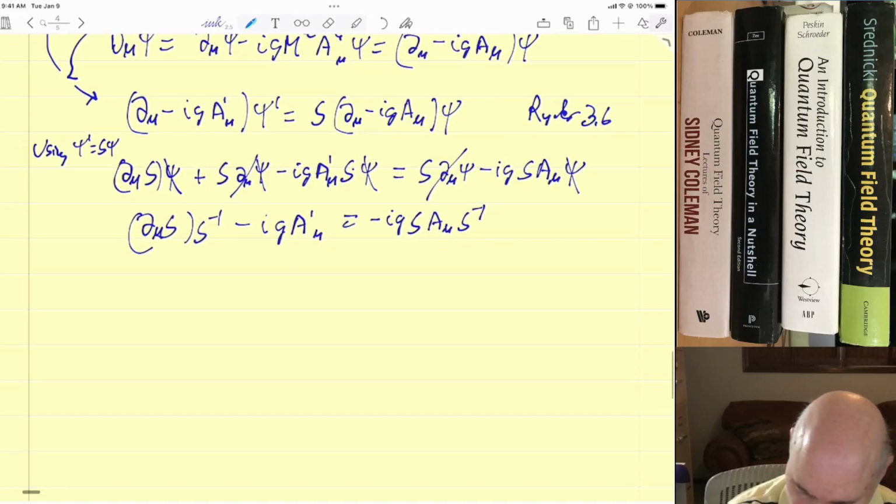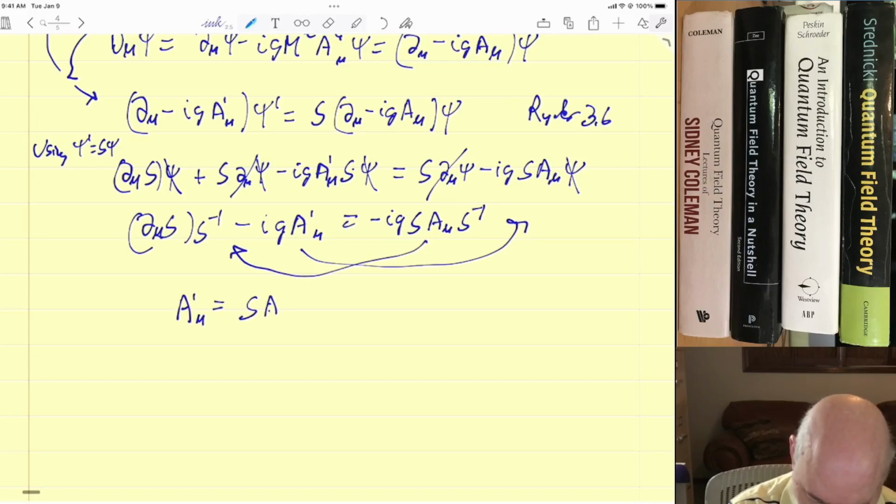Now we move this to this side, divide by minus i g, and you get A'_mu is equal to S A_mu S inverse minus i over g the partial mu S S inverse.